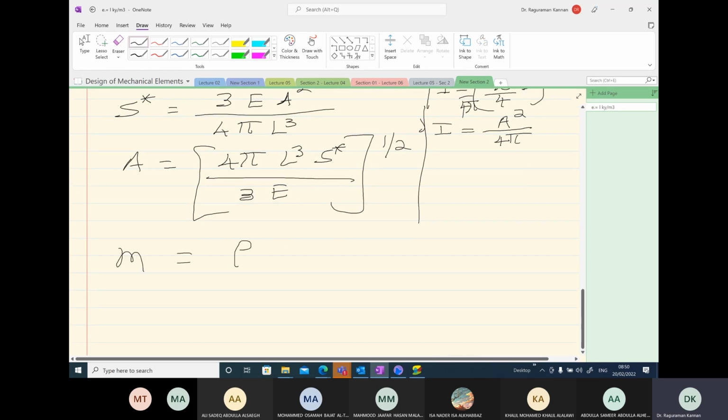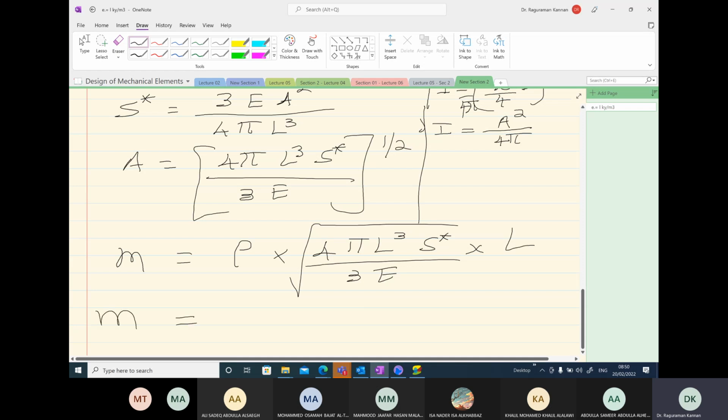M is equal to rho times A. A is this. Put the square root, times L. Now we can group the terms together here. M. Okay.